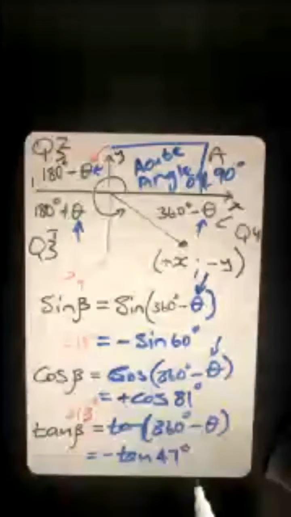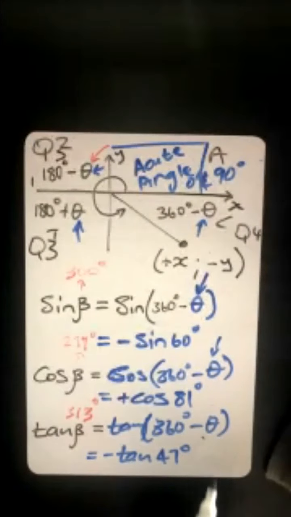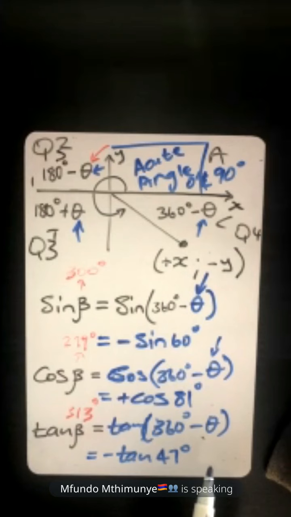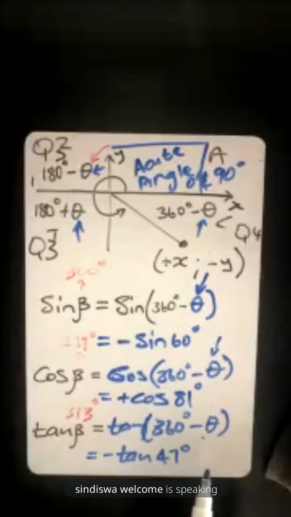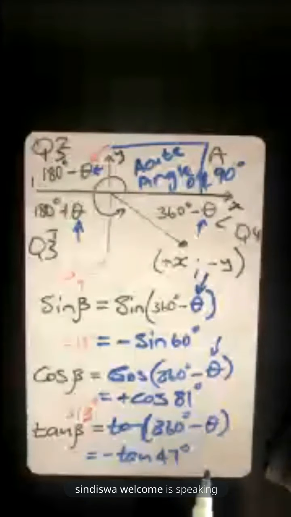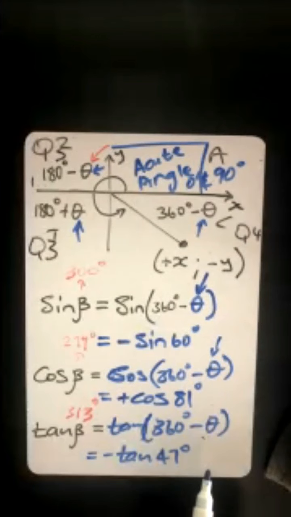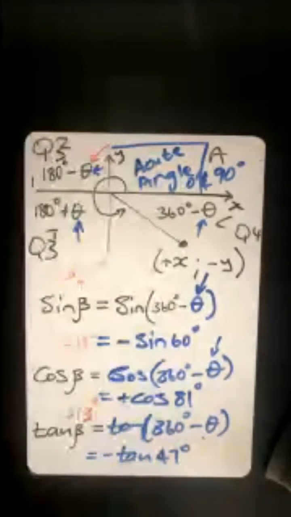Negative tan 47 degrees. So, are you guys happy in terms of how to prove if your answer is wrong or correct? For tan, it's not supposed to be 47, it's supposed to be 30, because 360 minus 330 is giving us 30, not 47. Did someone say 47?